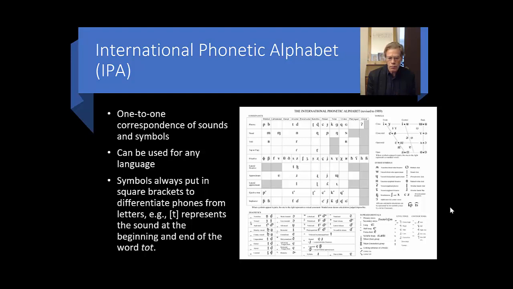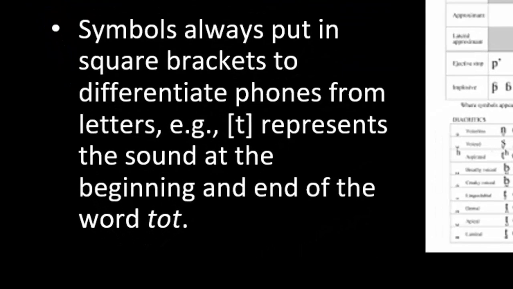To indicate that we are using the International Phonetic Alphabet and not writing a letter from some other alphabet, say English, we put brackets around the different phones. So we call them phones, not letters. The symbols represent sounds. So for example, if we put brackets around what looks like the letter T, it represents the sound t.